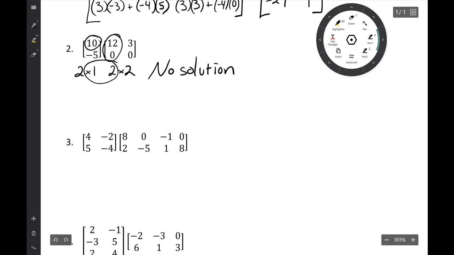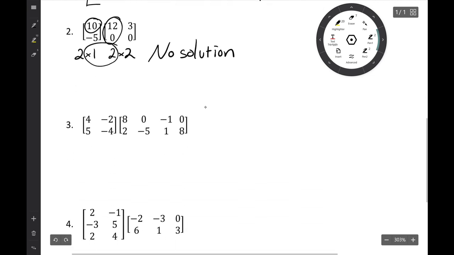Okay, next one. Check, this is a 2 by 2, this is a 2 by 4, therefore it works. When going through and doing these, I like to make sure I break it apart as much as I can and show as much work as I need. So this becomes 32 plus -4.